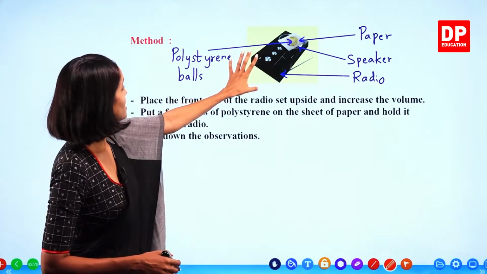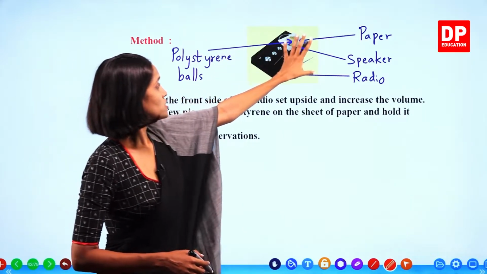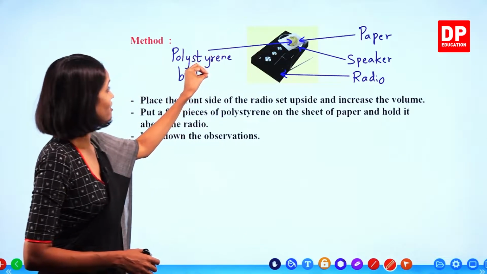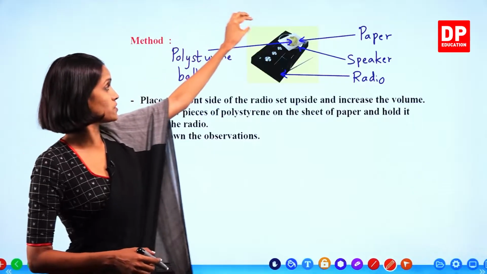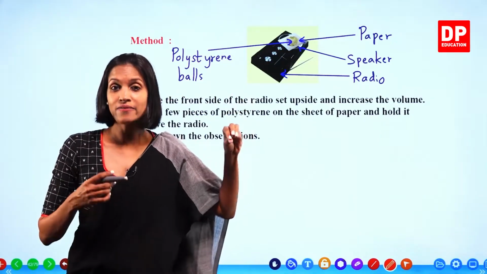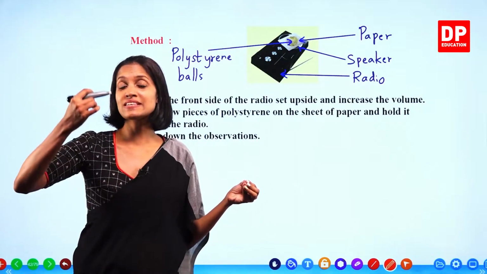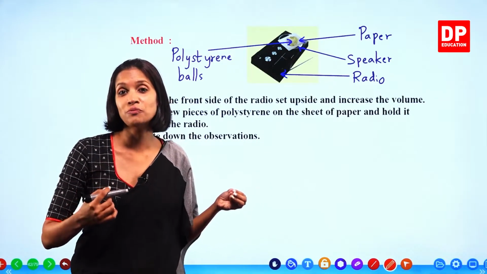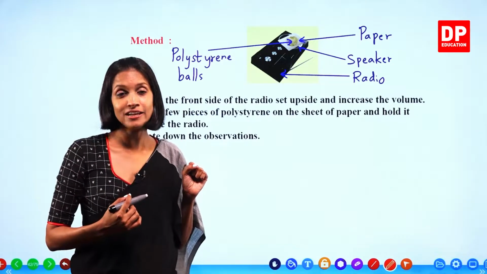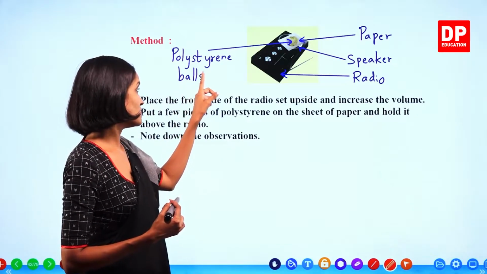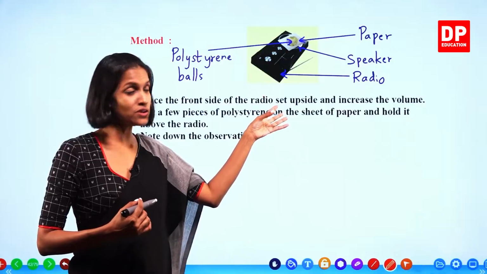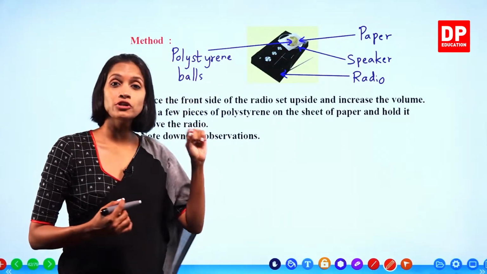So you have to place the sheet of paper on the speaker and place the polystyrene balls on the paper. Then observe what happens when you increase and decrease the volume of the radio. You are going to observe that when you switch on the radio, these polystyrene balls are going to move.